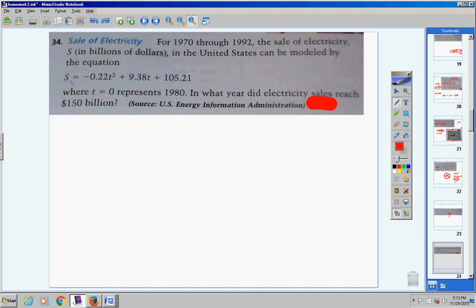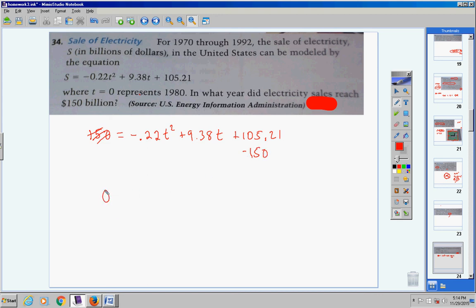So where my S is right here, I'm going to put 150 billion. And everything else will stay the same. Negative 0.22 t squared, positive 9.38 t, positive 105.21. Now, bring the 150 over and make it negative.